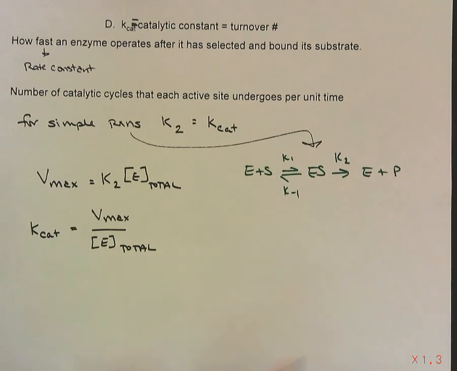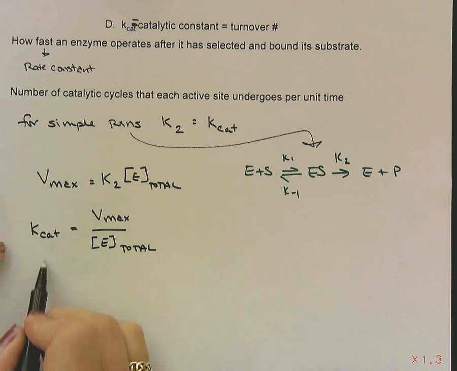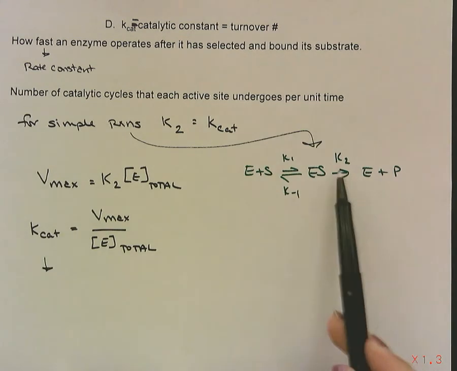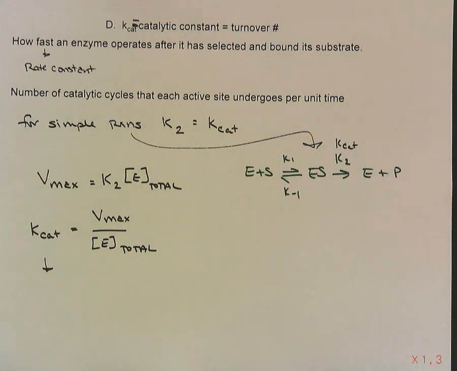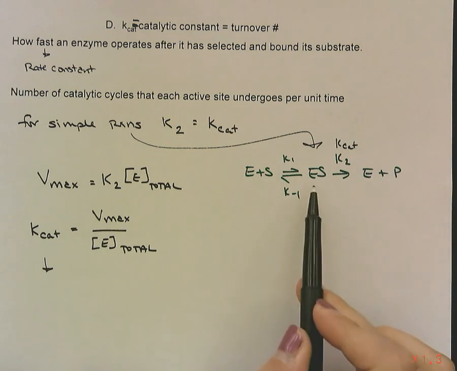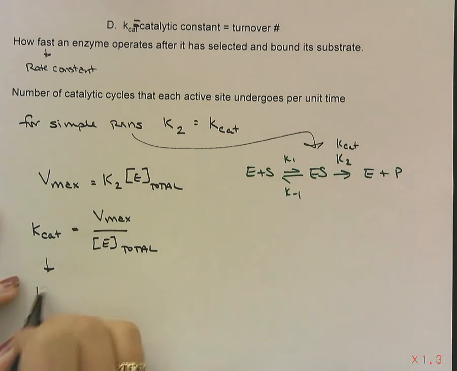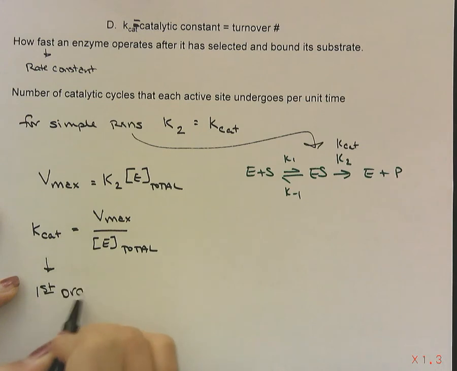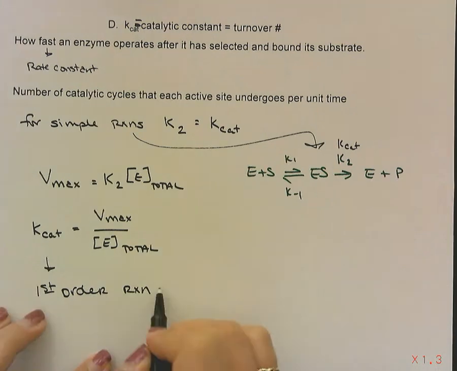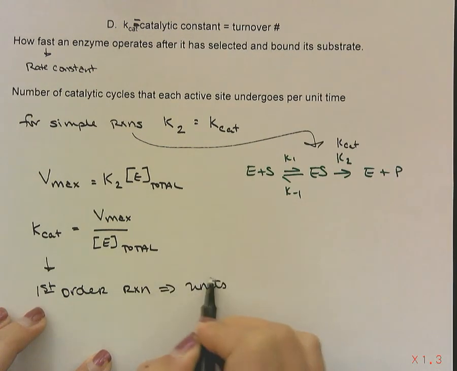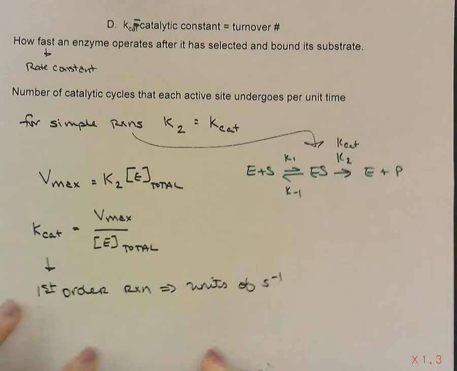So if all of those things are true, looking at KCAT, which is K2, is KCAT a first or second order reaction? It is a first order reaction. How do we know it's first order? Right, it's only one reactant. So KCAT is a first order reaction. As such, it has units of inverse seconds.